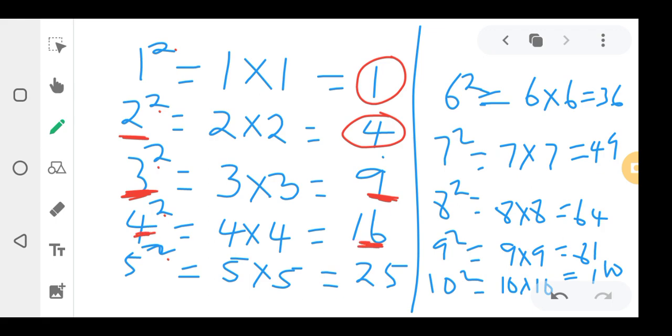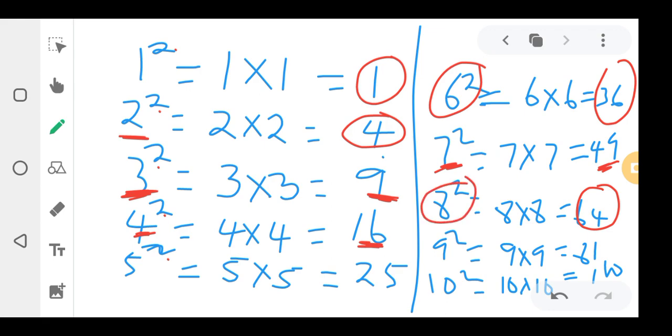Write 49 as a perfect square, you say 7 squared. Write 36 as a perfect square, you write 6 squared. Write 64 as a perfect square, you write 8 squared. That's how you solve these things. I was just trying to show you so that you understand that these are squares.